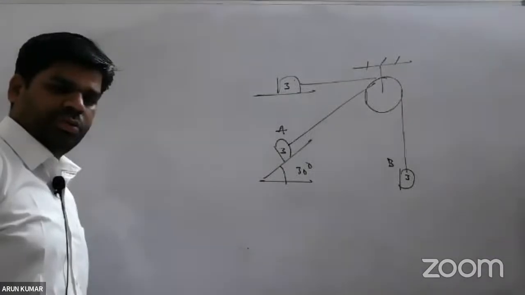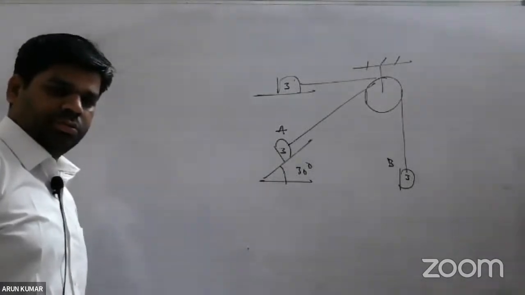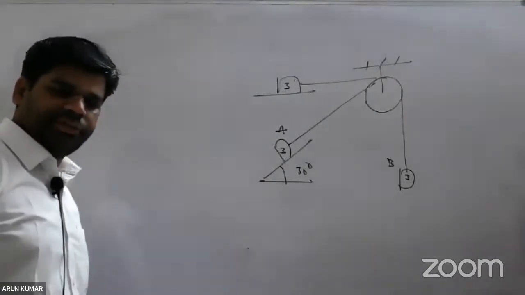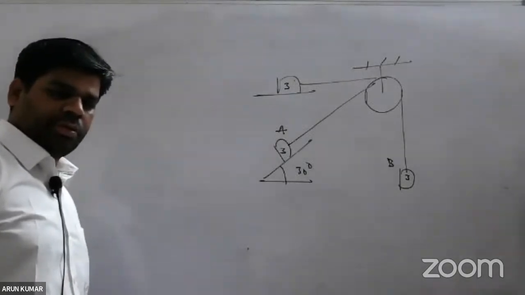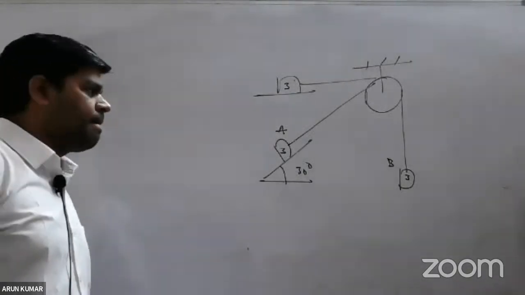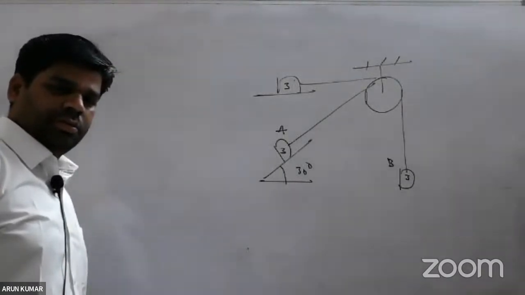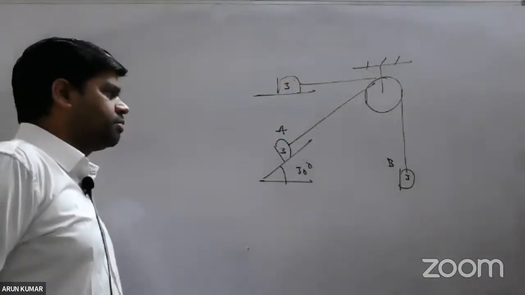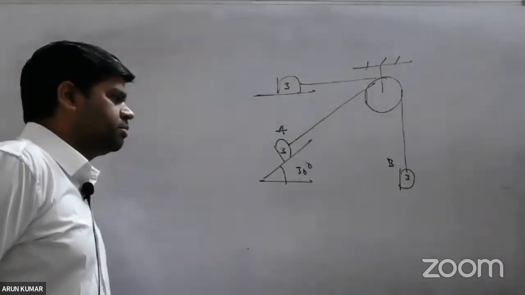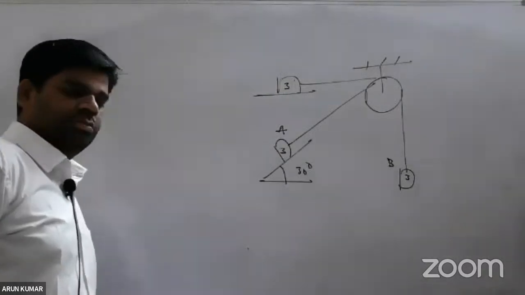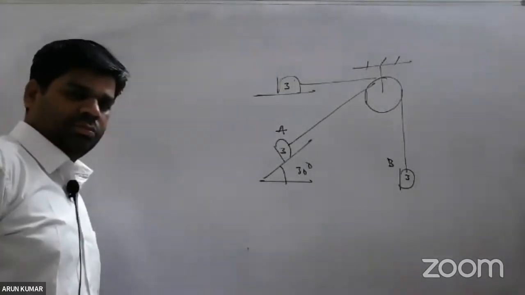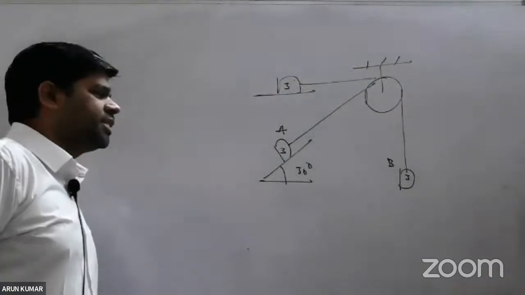Is there a g factor there? 3g by 2. Acceleration of B. If this is 3g by 2, what is the acceleration of B?